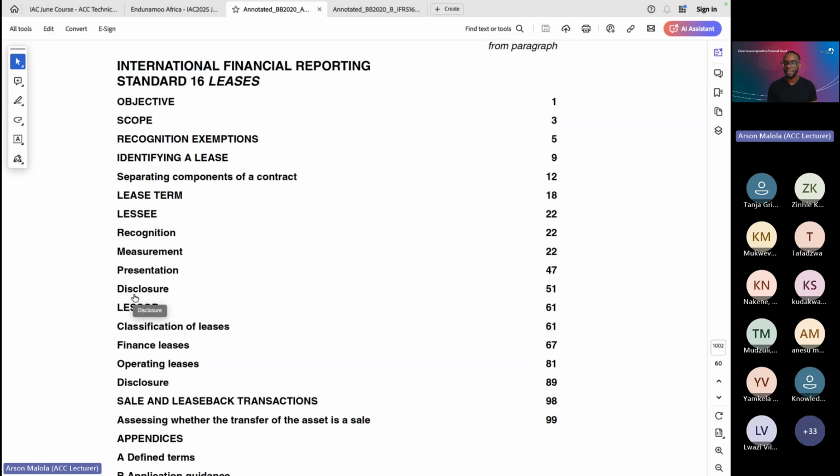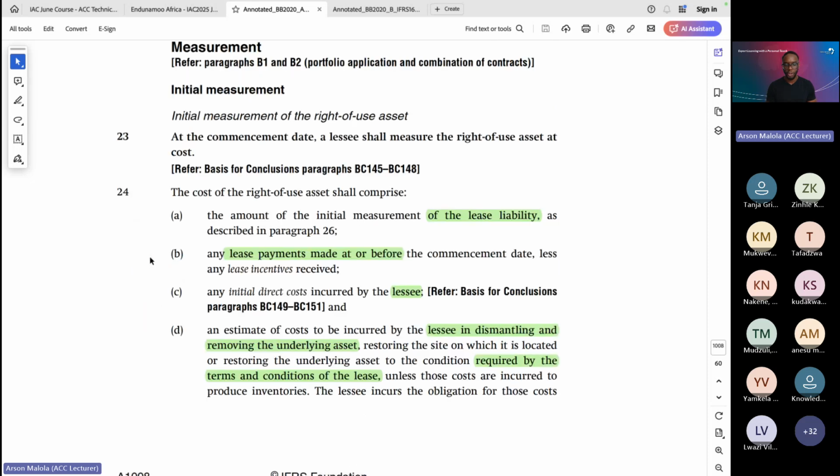Why is this important? It's important because your questions in IAC could ask you to discuss the initial measurement of a lease. Now, if your examiner asks that question, they are only looking for you to discuss a specific part of the principles regarding accounting, only those that deal with initial measurement.